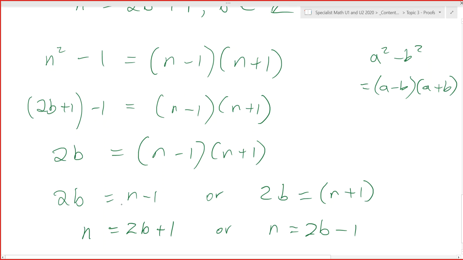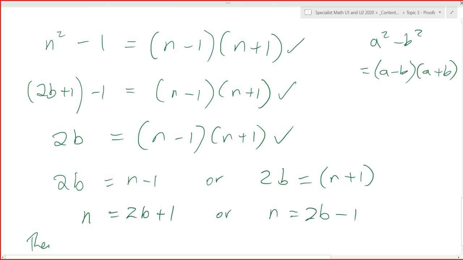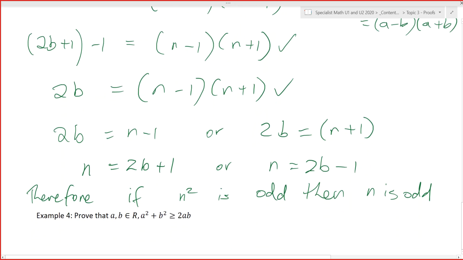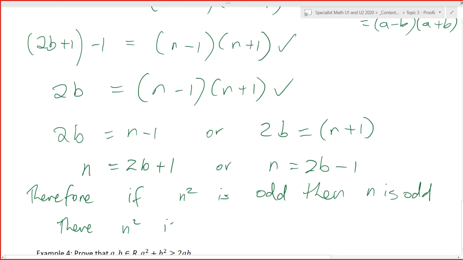I've got 2b by itself, and then I got n by itself. And then say, therefore, and then the first statement, n squared is odd if and only if n is odd.